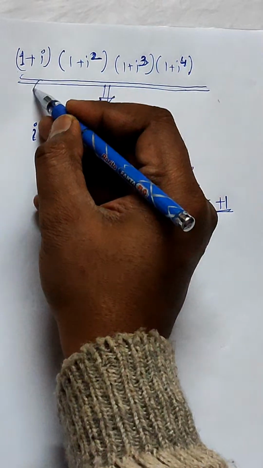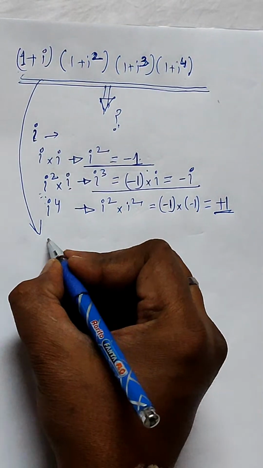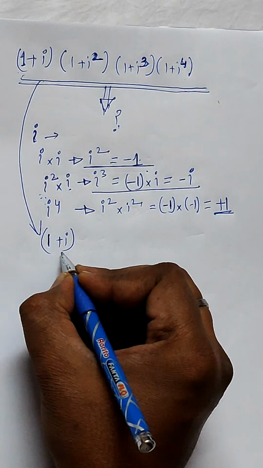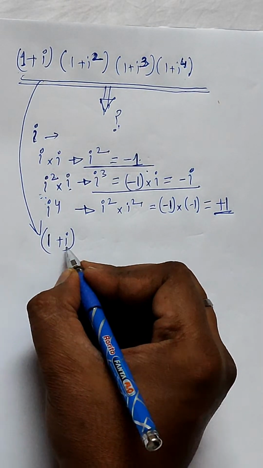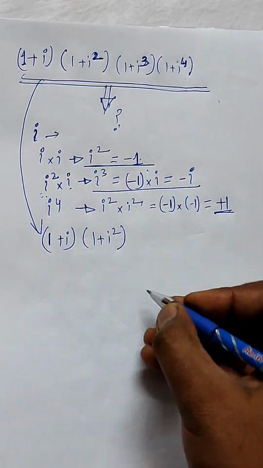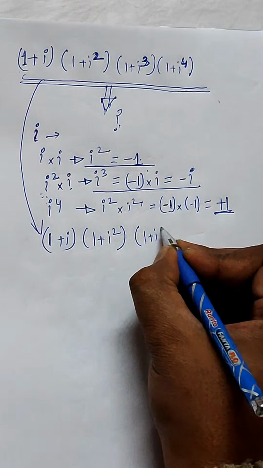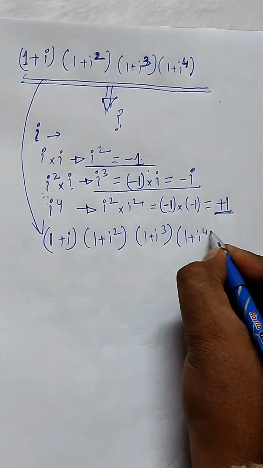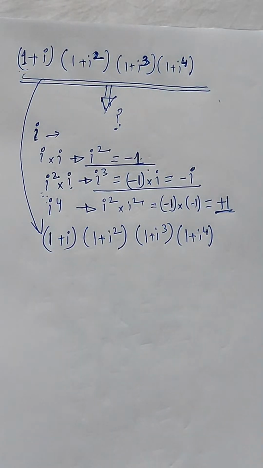Now you can see that in this question 1 plus I is one of the terms, right? This will be multiplied with 1 plus I square, and this is multiplied with 1 plus I cube, and this is multiplied with 1 plus I to the power 4, right?